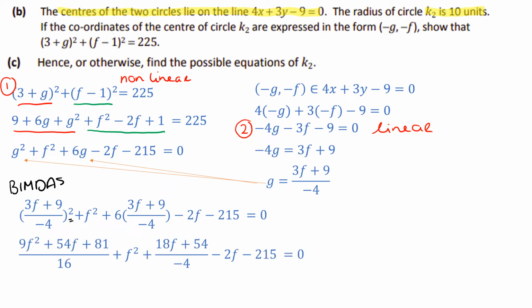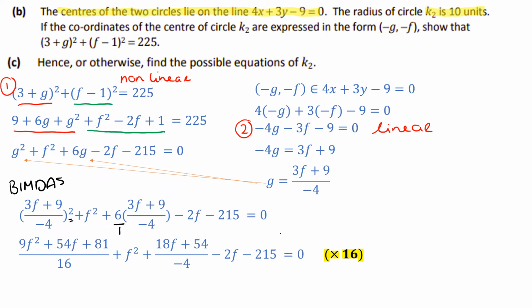So that fraction becomes 9f squared plus 54f plus 81 all over 16, plus f squared. For the 6 times that, I can put this as 6 over 1, so 6 by the numerator, which gives me 18f plus 54 all over minus 4. And then minus 2f minus 215.